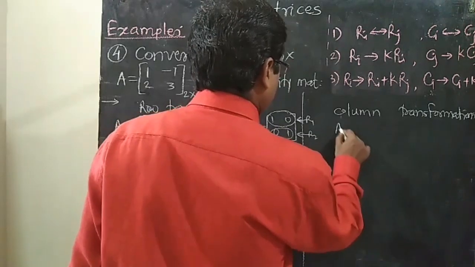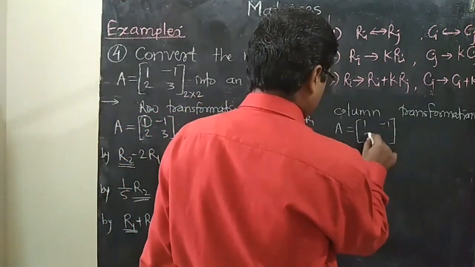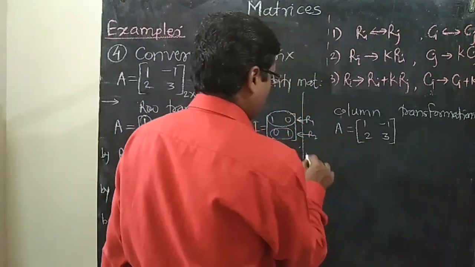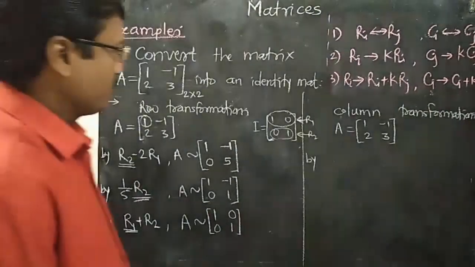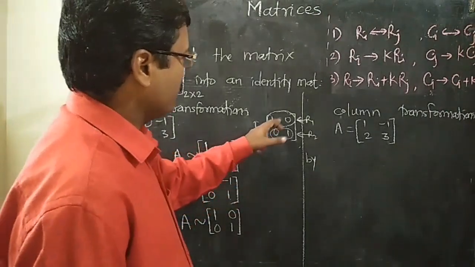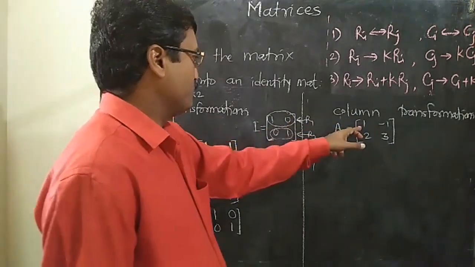Here once again the given matrix A is 1, minus 1, 2 and 3. Now we have to select the operations so that we get 1 here, but 1 is already given, so no need to change this first element 1.